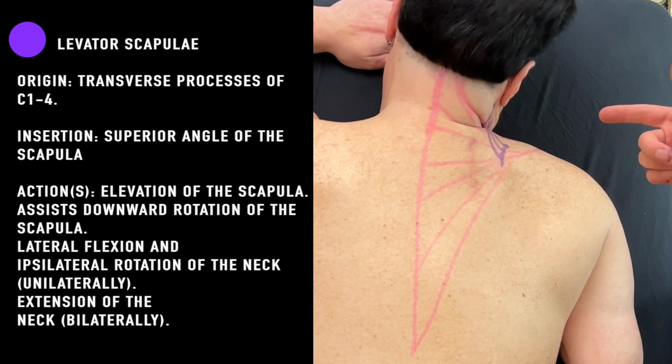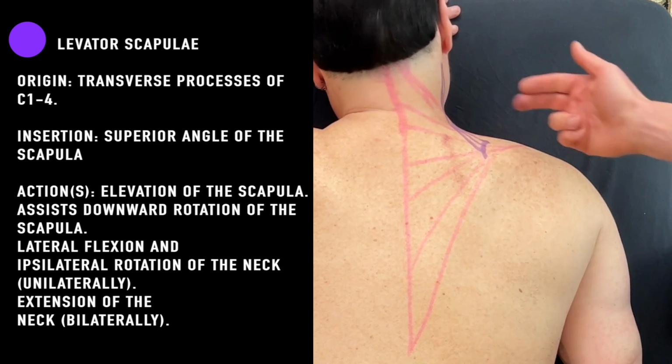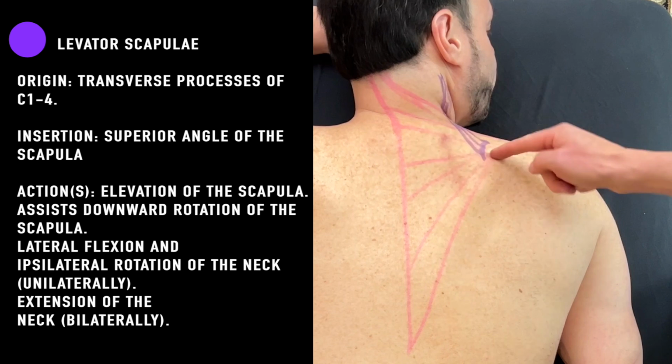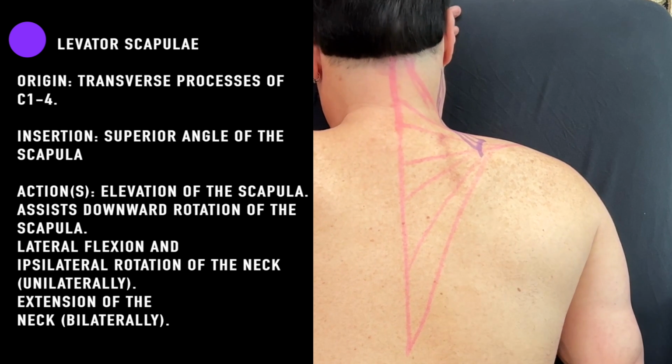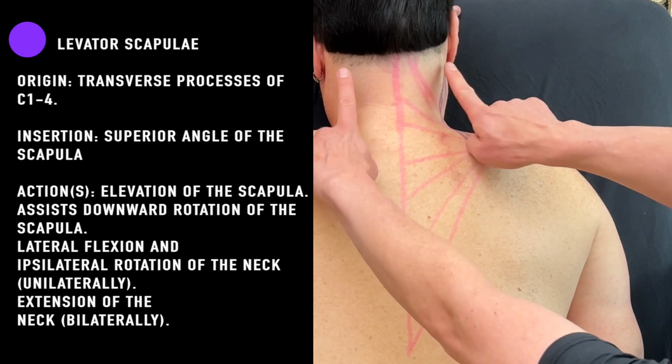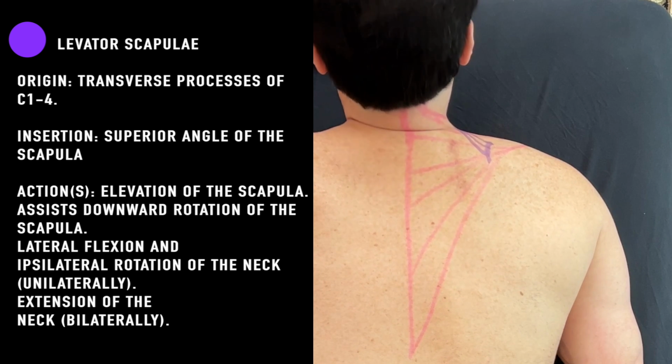In levator scapulae's case, you're going to get ipsilateral rotation as it turns the side of the neck. You can see those two points coming closer together. Back to the center, and then both sides working in conjunction will produce extension of the neck.